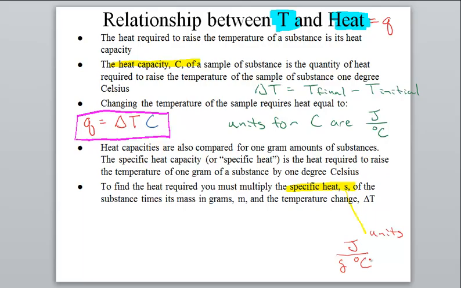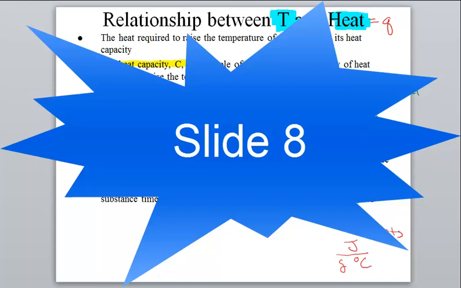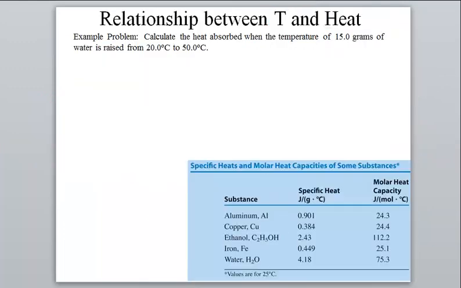If we look on the next slide, here's a table that's also in your information packet of specific heats for a variety of different substances. One of them being water. That value for water is 4.18, and the units are joules per gram per degree Celsius.